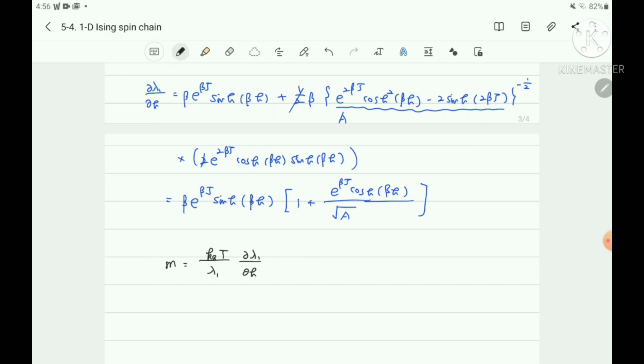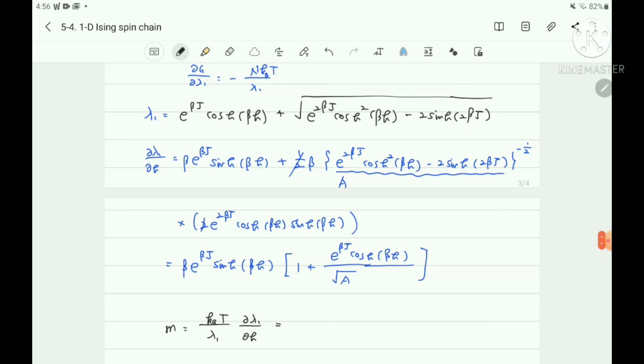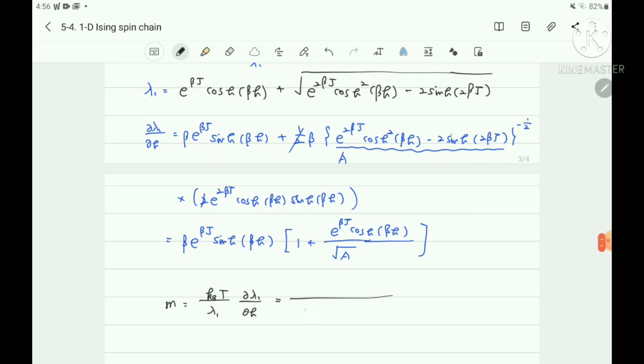Lambda 1 is exponential beta j cosine hyperbolic beta h plus square root a, and also beta cancels, and exponential beta j hyperbolic sine beta h, and also 1 plus square root a exponential beta j cosine hyperbolic beta h.